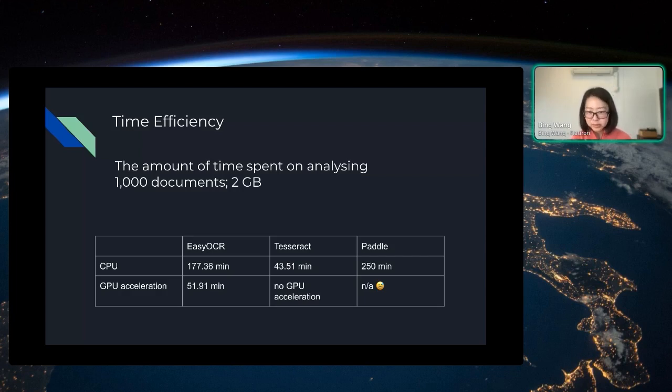And then Tesseract does not have a GPU acceleration, but it's actually the fastest model in this analysis. Paddle performed very disappointingly in this analysis. Its CPU use is very slow, and it does have a GPU version, but for some reason I couldn't get it to run.